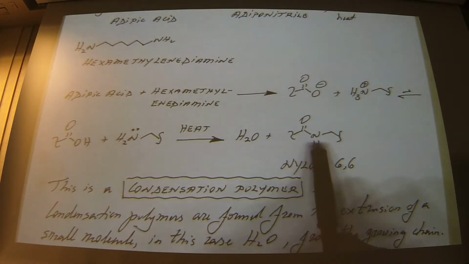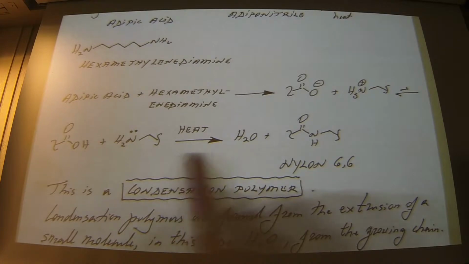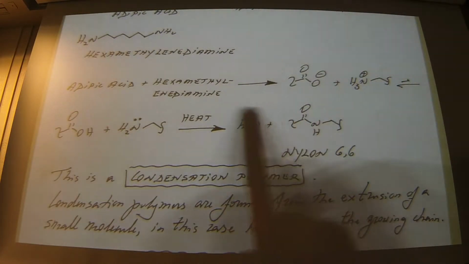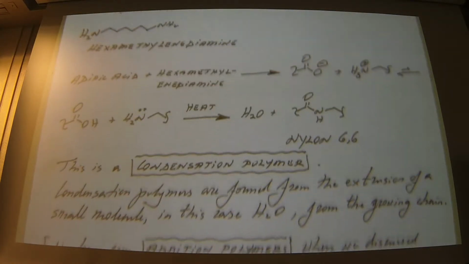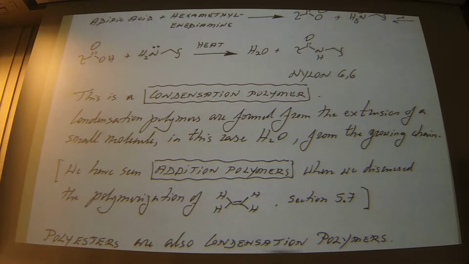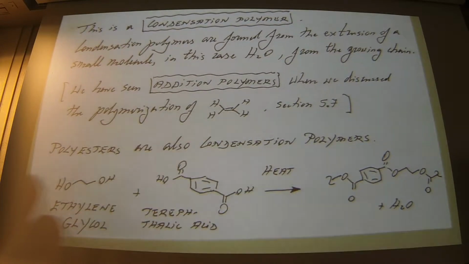So that tells you that you can make amides in a different way, right? No acid catalyst or anything, just heat it up. And so this of course generates water, and the water has to be removed from the reaction mixture. Now, addition polymers we've seen a long time ago with the polymerization of ethylene.